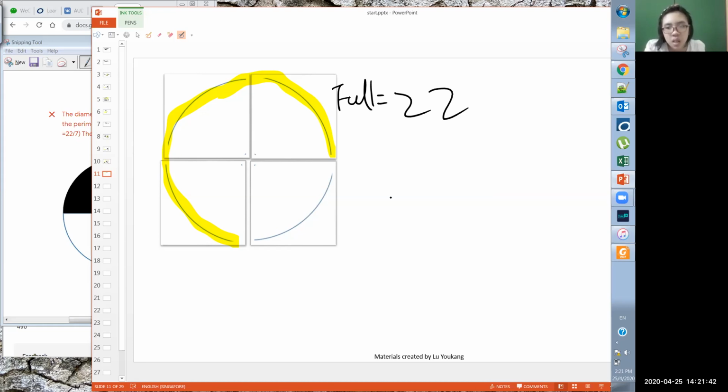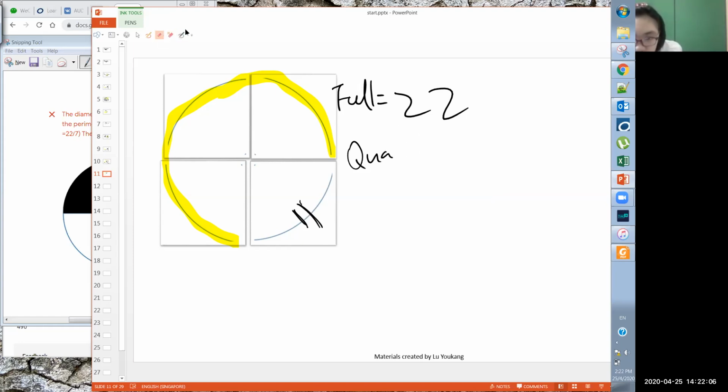In this diagram, which one is 5.5? The curve, the one without the yellow. Very good. So this is 5.5. What was the name for this one? There is a name for it. Quarter. Quadrant.